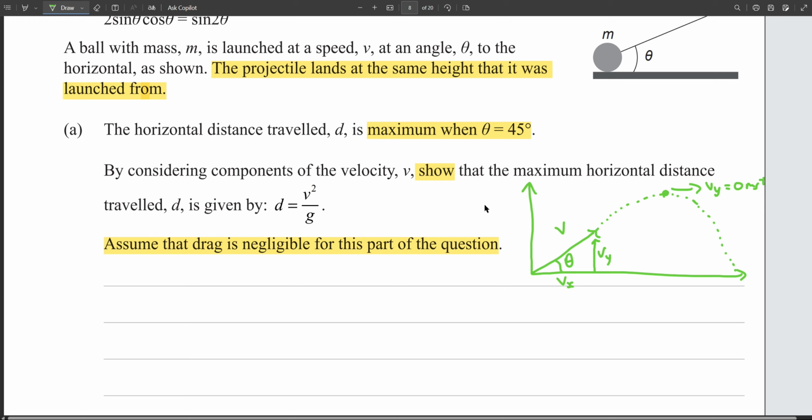And using the sine and cosine trig relationships, we can write both Vy and Vx in terms of sine and cosine respectively and also velocity. So that becomes Vy equals V sine theta and Vx is equal to V cos theta.